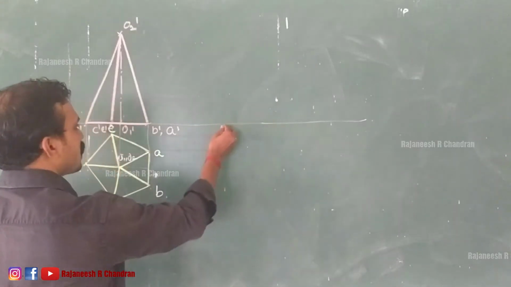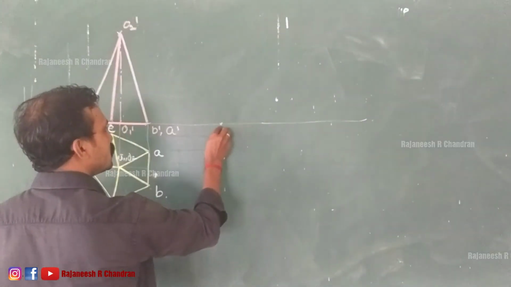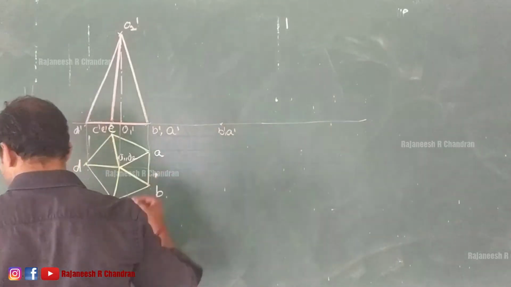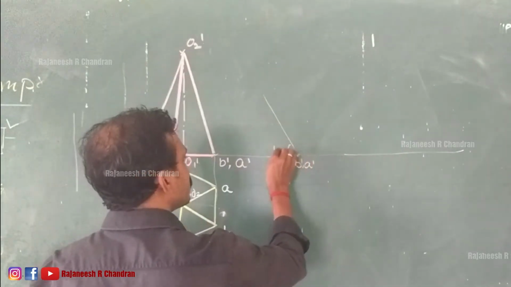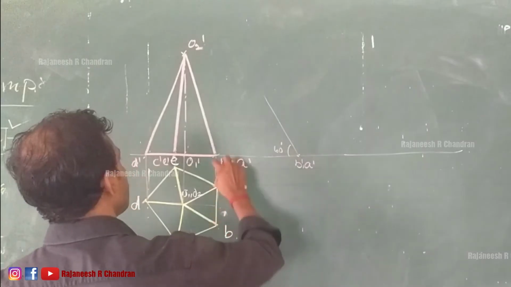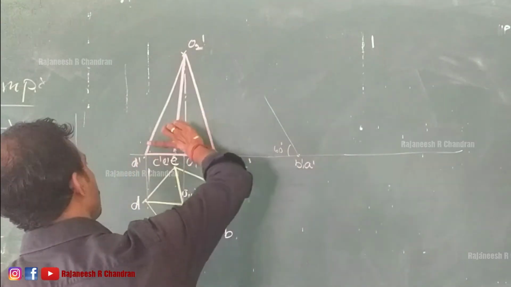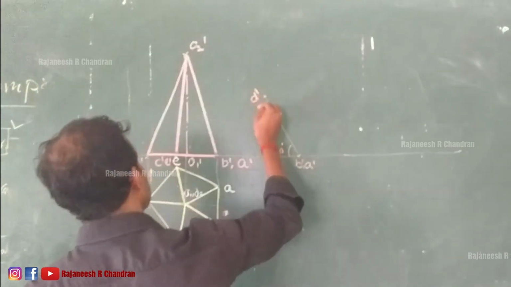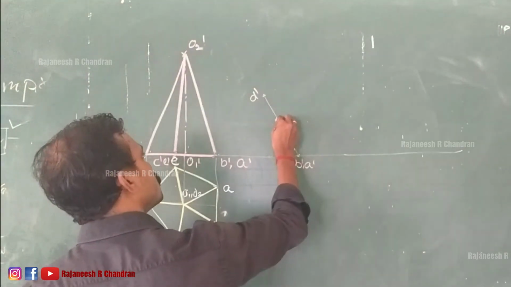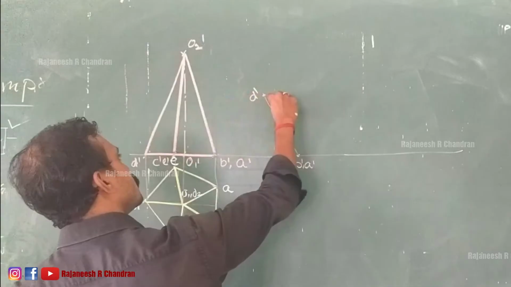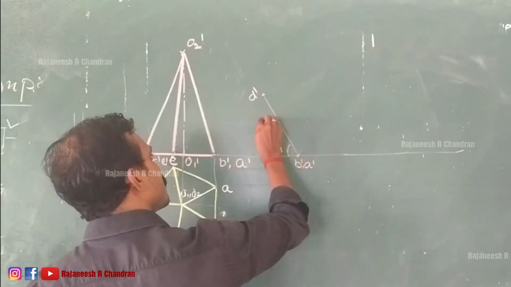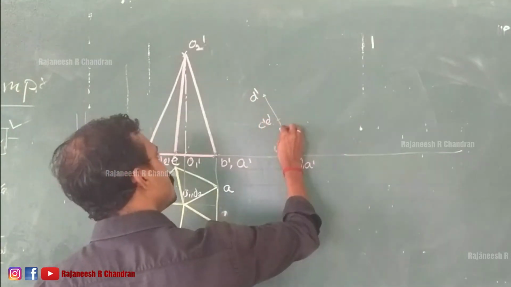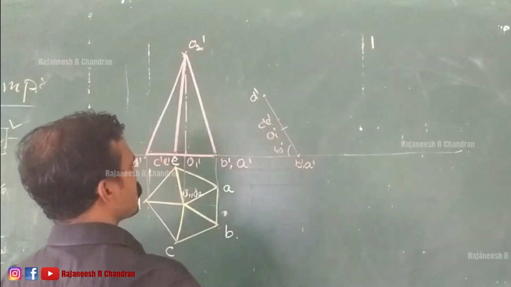So, select a point. This is B dash, A dash. Draw a line at an inclination of 60 degrees. Mark B dash here. Similarly, mark C dash, B dash here, and also mark O dash.